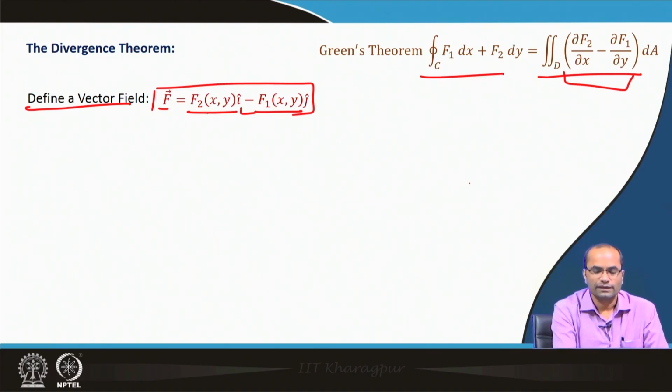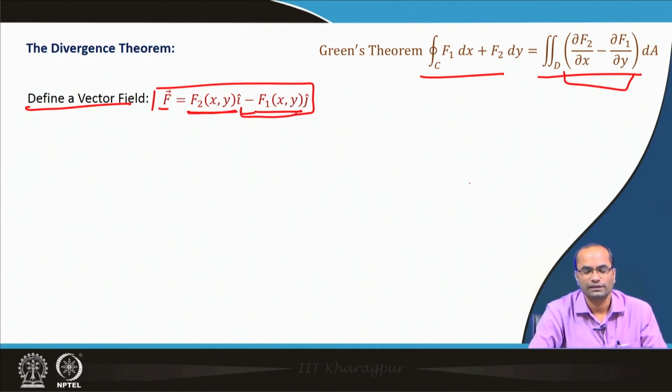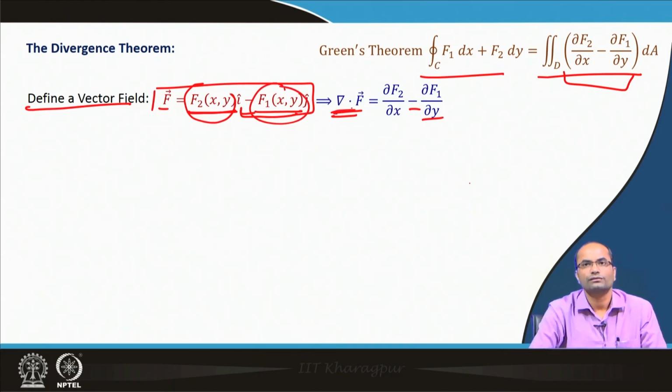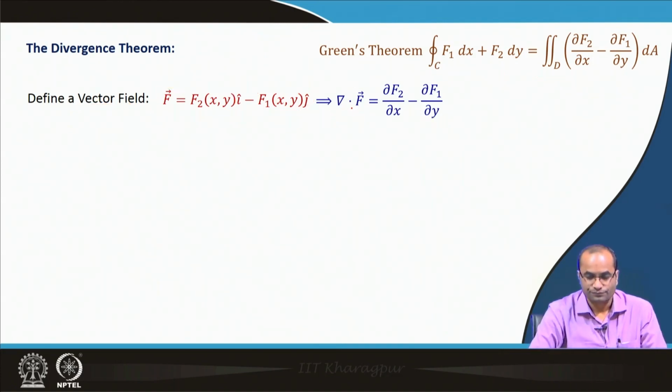So, we take this 2-dimensional vector field with first component F2(x,y) and second component minus F1(x,y). If we compute the divergence of this F, the partial derivative of F2 with respect to x and minus the partial derivative of F1 with respect to y will come as a result of this divergence.